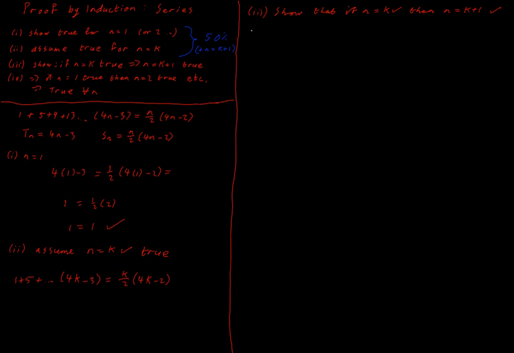So what does that look like? Well, n equals k plus 1 would be 1 plus 5 plus so on up to 4k minus 3. That's the kth term plus the next term. If I added on another term, I'd be on the k plus 1th term. So anywhere there was a k, I'm going to put in k plus 1, is equal to, anywhere there was a k, I'm going to put k plus 1.